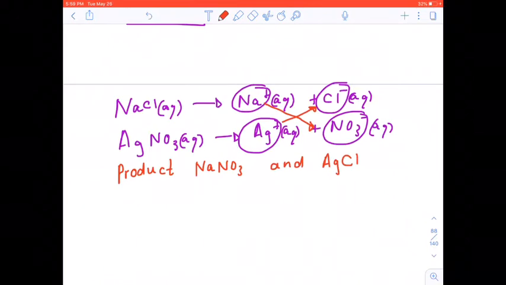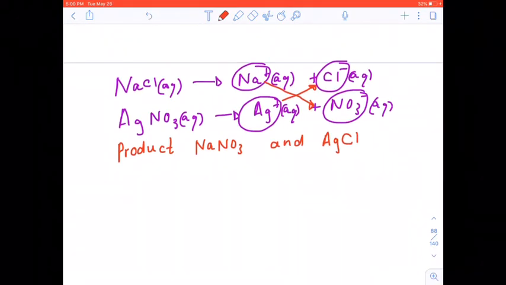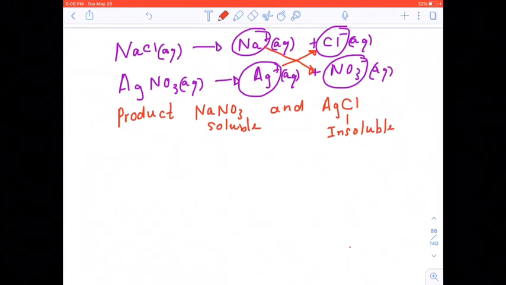These are the two products that can form. But we know that NaNO3 is soluble and AgCl is insoluble, and it forms a precipitate, and it drives the reaction.